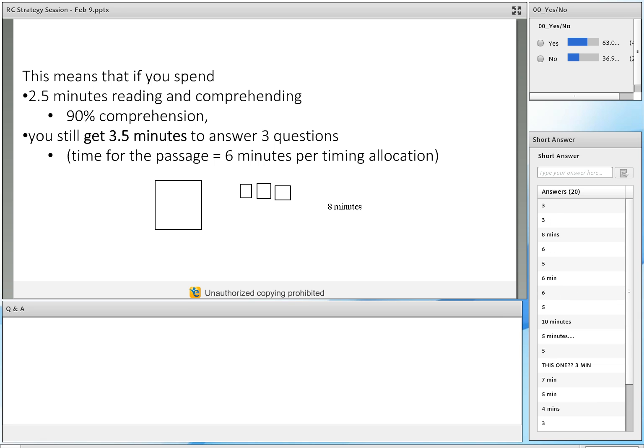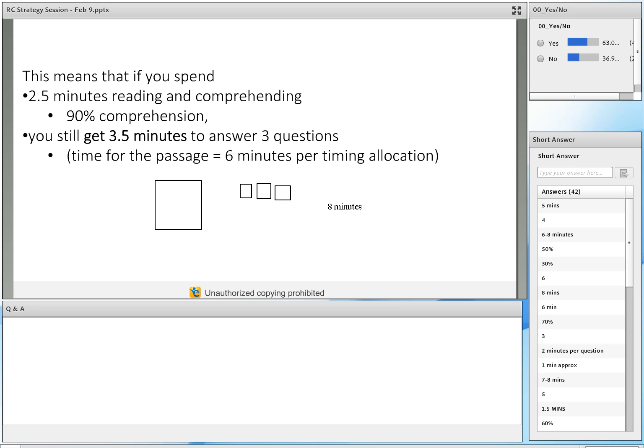So whatever time you've specified, just in general, keep that in your mind. And then tell me, out of that particular time, what percentage of your time do you spend once you start looking at the question? So you have the passage, you have the first question. When you start looking at the question, how much time do you spend on the questions out of whatever time you spend on the whole passage?